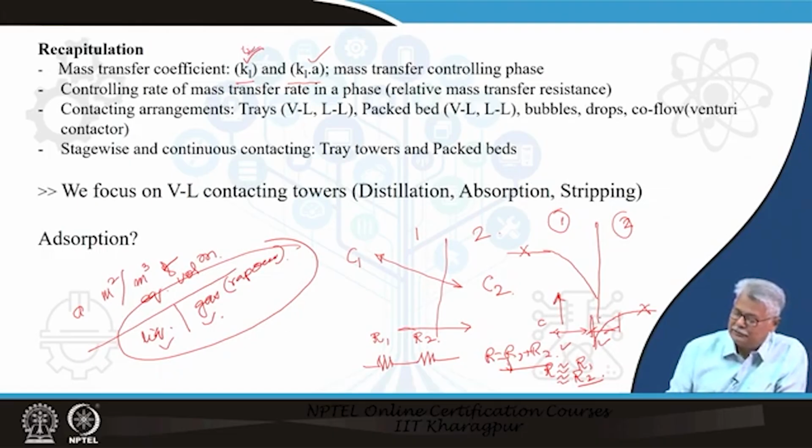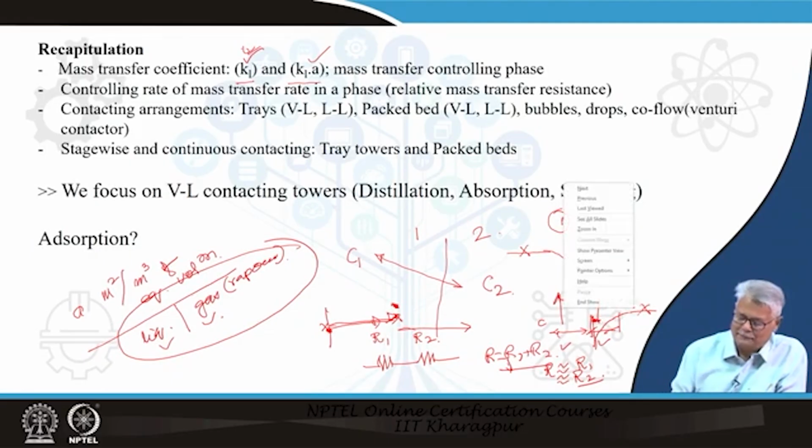There is another thing you have to do. Even if it diffuses from one phase to the other, in order to go to the bulk, it has to move over a distance. It starts from here and has to move here, and this also is a path in which there is a resistance. It is not that it just enters the interface and stops at the interface of the second phase; from there it has to diffuse to the bulk.